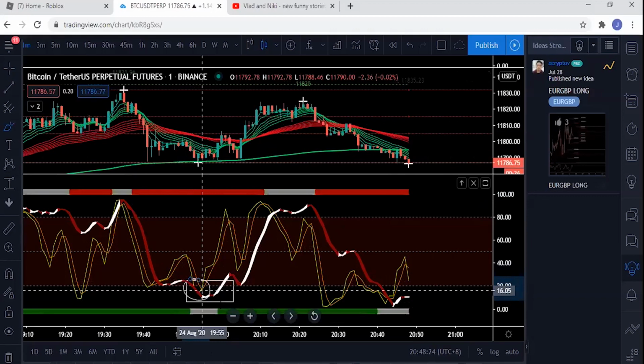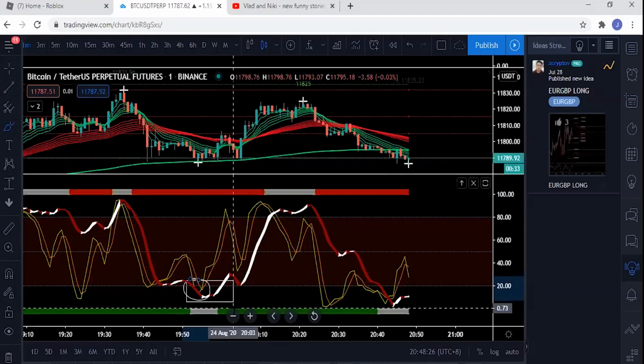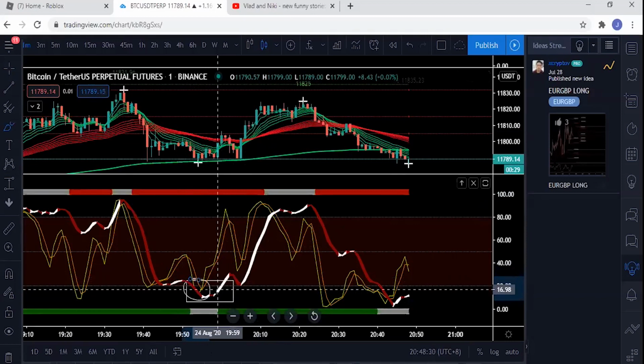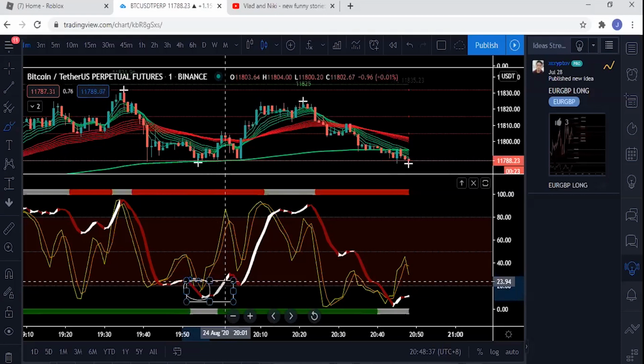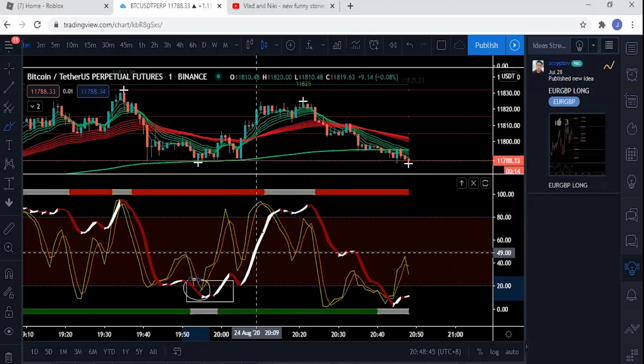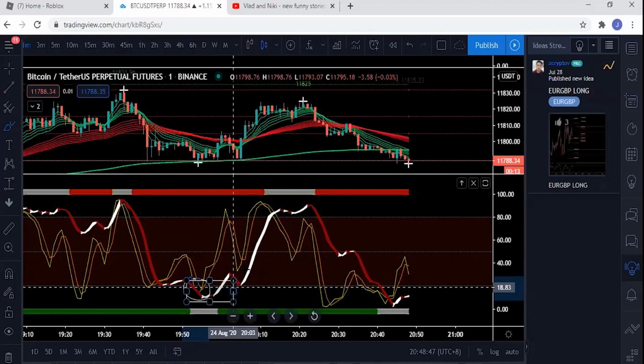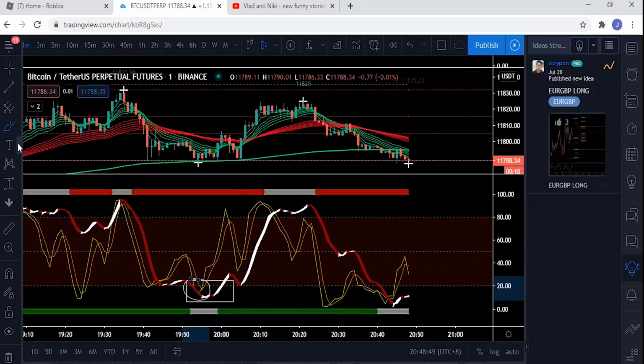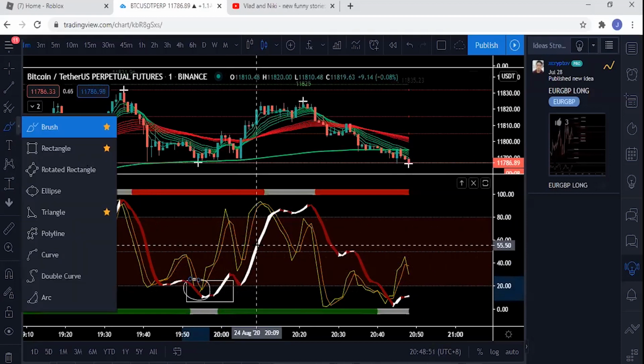The first confirmation is the solid line or the green line. Your second confirmation is your white shadow. And the next confirmation is that our shadow has crossed our 50 line.